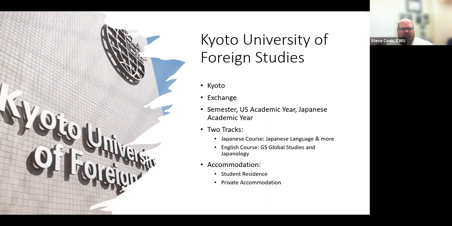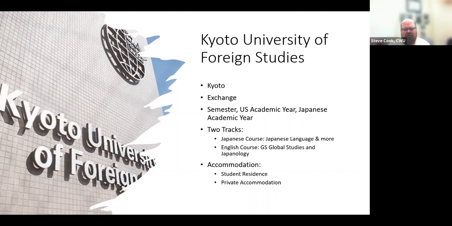It's a minimum of 500 hours, I believe, of study of Japanese language and some familiarity with katakana and hiragana. And that can just be verified by a letter from a Japanese language professor.